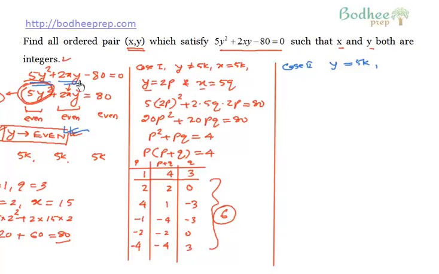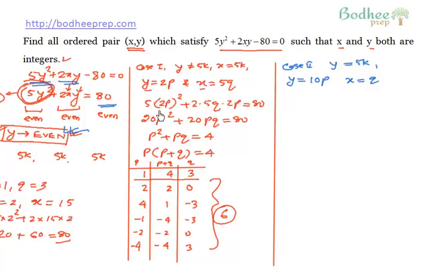In fact, both parts will be multiples of 10, so that the RHS is also a multiple of 10. So let me assume that y has to be even as well as a multiple of 5. So let me assume that y is equal to 10p, and say x is equal to q, because we don't have any constraint on x.